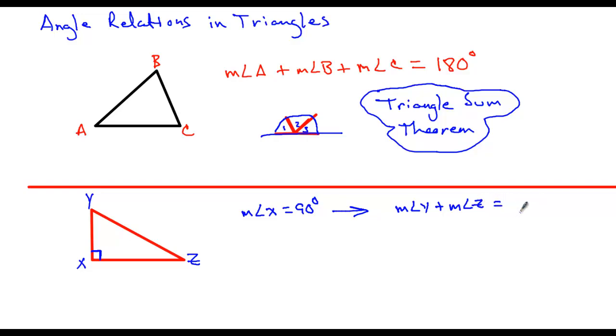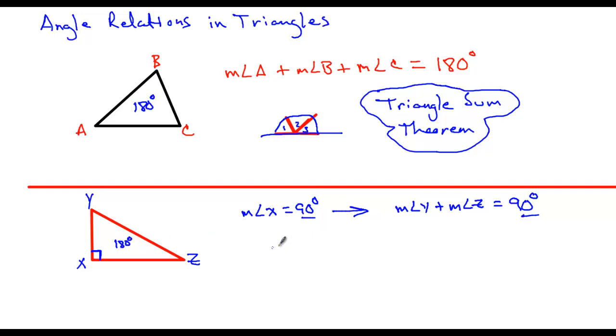what? Well, it's also 90 degrees, right? Because 90 plus 90 gives me the 180 degrees that I need all inside here. Okay, so just like this one added up to 180 degrees, so does this one.